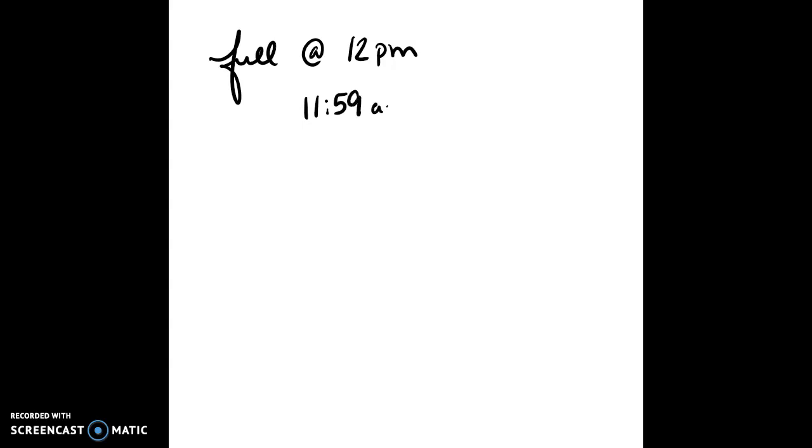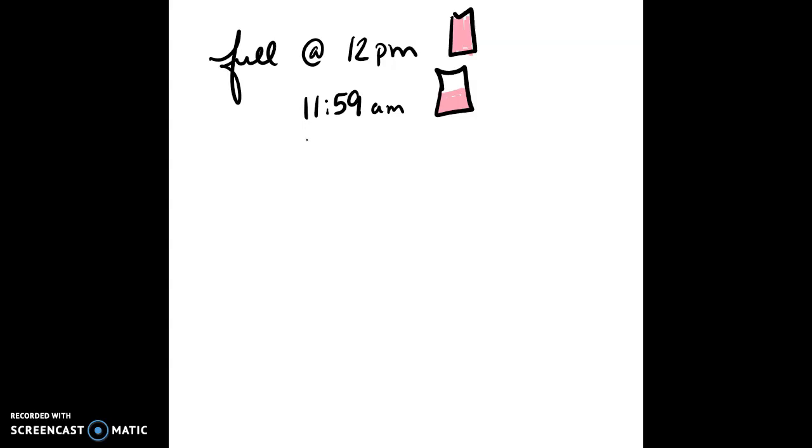At 11:59, 1 minute prior, if the bottle is full and we're doubling, so here's my bottle, and it's full at noon. Then that means at 11:59, 1 minute prior, if it doubles, it was half full at 11:59.